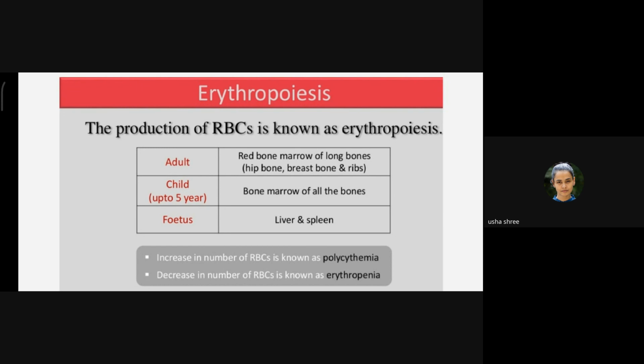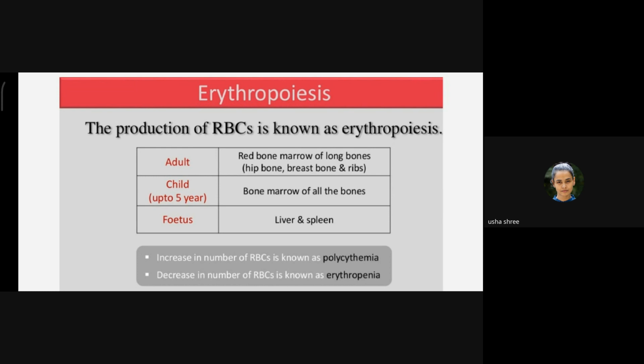The red bone marrow produces RBC, mainly in case of adults. But in case of child, bone marrow of all bones produces RBC. And in case of fetus, RBC is produced from liver and spleen.